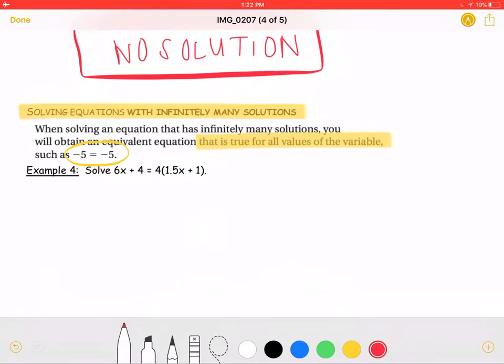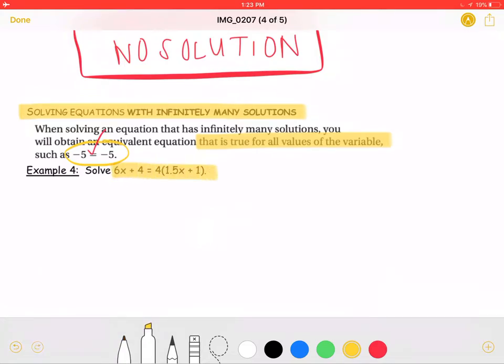Well, yeah, that is true. Negative 5 does equal negative 5. So what that means is that any value we want x to be, it can be. There's infinite solutions. X could be 1, 2, 3. It could be any number you want, because no matter what x is, the statement is still going to remain true.